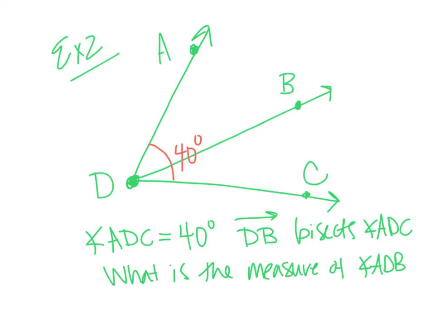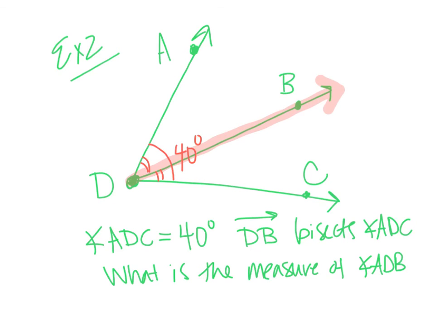Then I'm being told that DB bisects ADC, and DB is a ray. So I go up here and I look at ray DB. So it starts at D and it goes through B, and it bisects angle ADC, which means it divides it into two congruent angles. So I have two little angles here that are each the same.